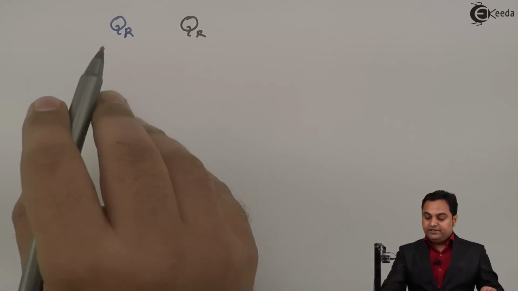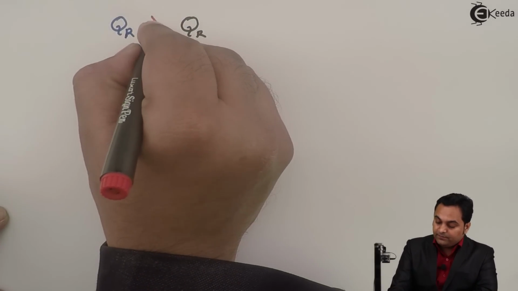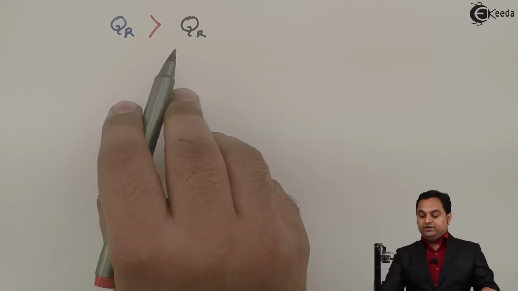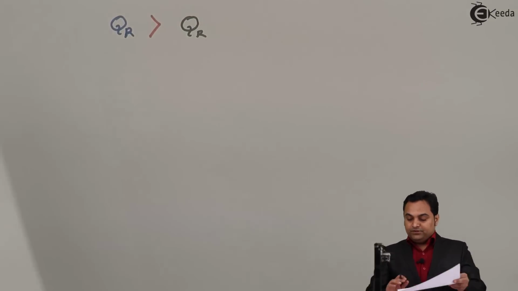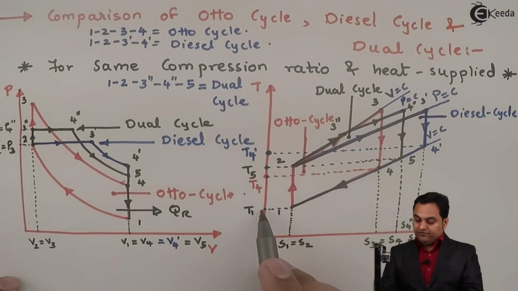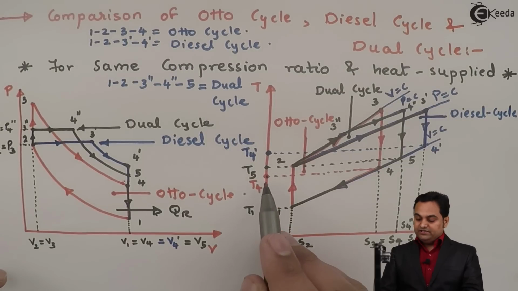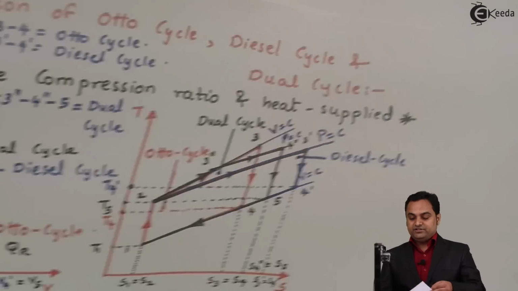From both of them, the heat rejected in the diesel cycle is greater than that of the dual cycle, and the heat rejected of the dual cycle is greater than the heat rejected for the Otto cycle, which is from T4 to T1, that is T4 minus T1.